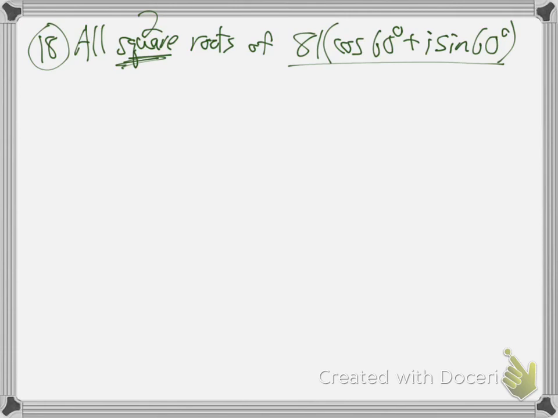How do we do it? Well, first off, let's do the angles. So you write your angles. What are your angles going to be? You take the starting angle they gave you, 60 degrees. We're going to divide the whole thing by 2 because it's square root. But you got to write plus 360K.